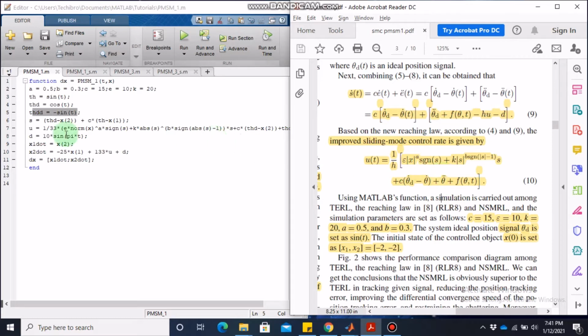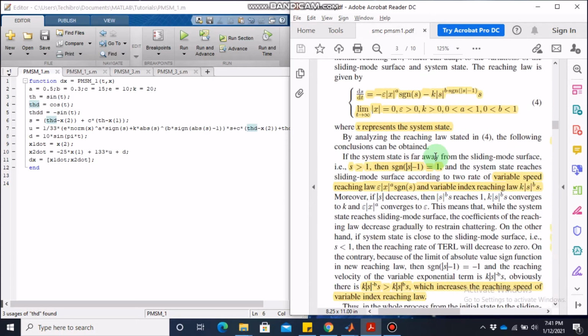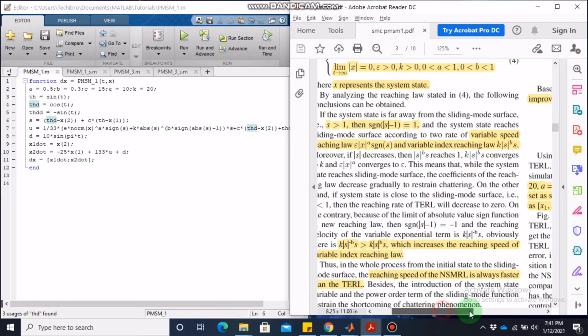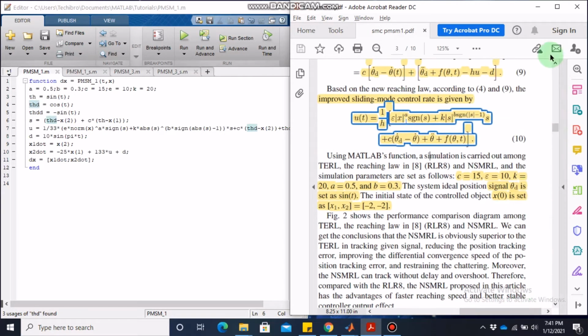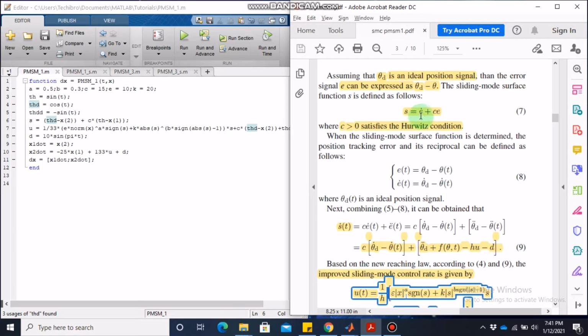So here S is equal to theta, so if you look into this equation for S, go above. So S is equal to E dot plus C times E. So E dot is the derivative of the desirable value of theta minus the second state variable.